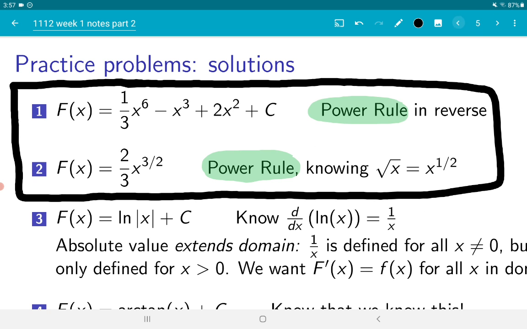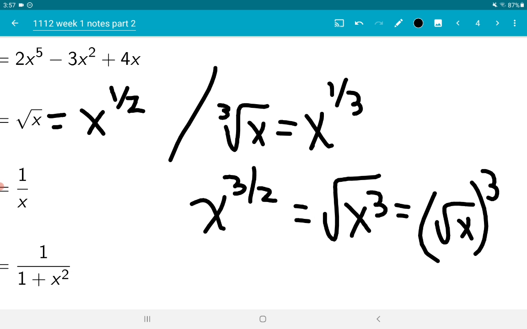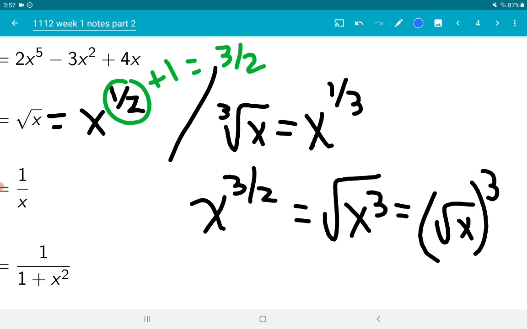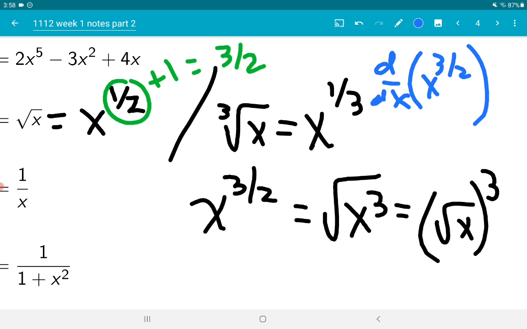If I think of my starting function as x to the 1/2, then when I increase that exponent by 1, 1/2 plus 1 is 3/2. That's where the 3/2 power is coming from over here. And then if I think about taking the derivative of something like that, if I were to take the derivative of x to the 3/2, the power rule would say take the exponent and drop it down in front.